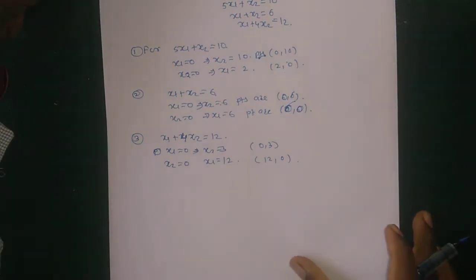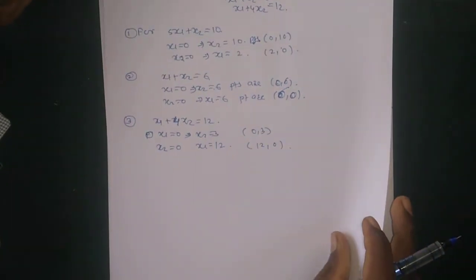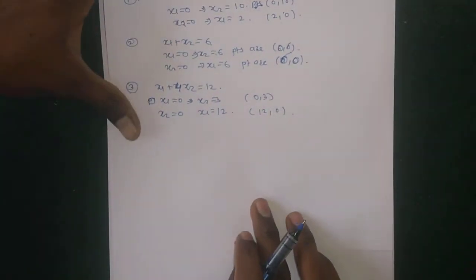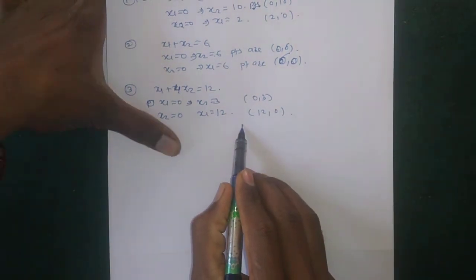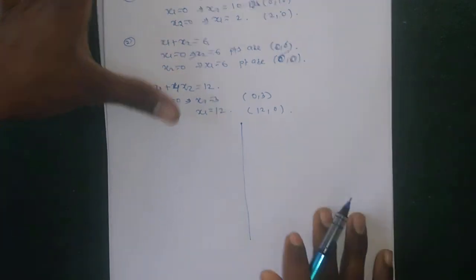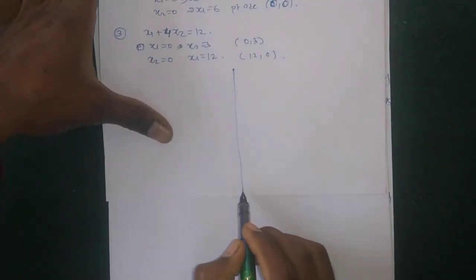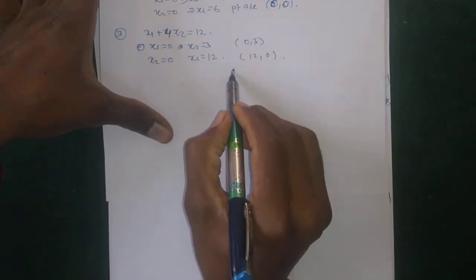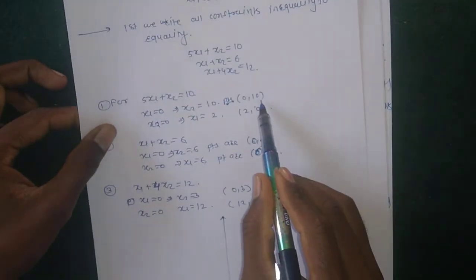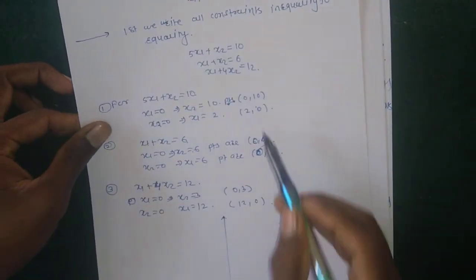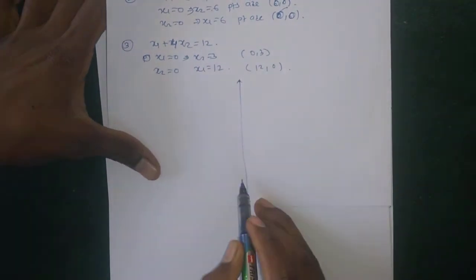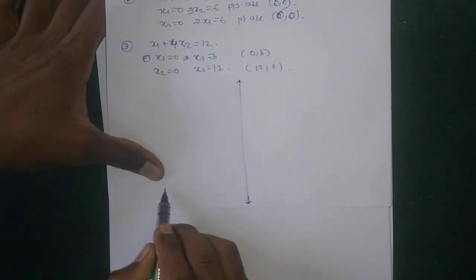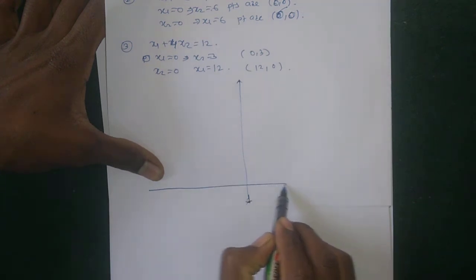So now plotting a graph. Here the x2 axis points go up to 10, and the x1 axis points go up to 12. So plot a graph in this way.